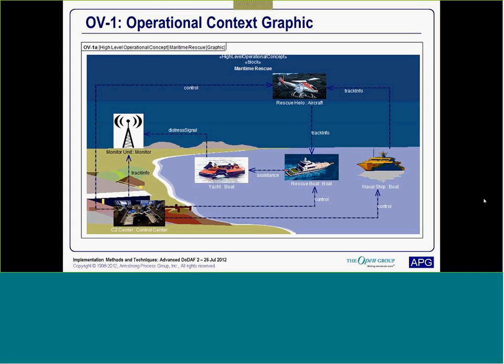So what I want to point out here is that an OV1 is often and traditionally very graphic intensive. That's because it's meant to convey a tremendous amount of information in as brief an amount of time as possible, so that admirals and generals and that ilk can visualize what's going on.